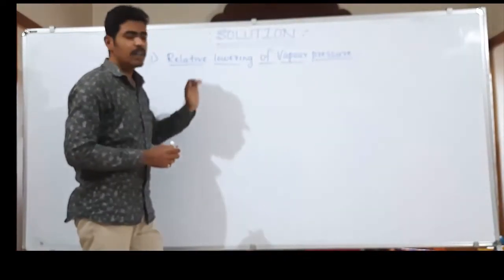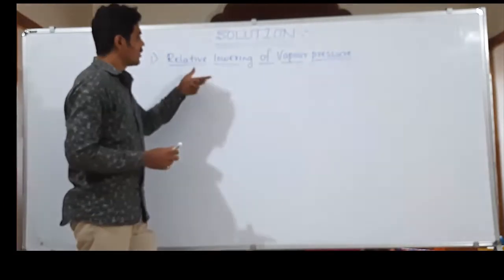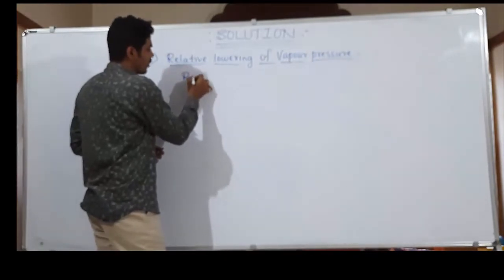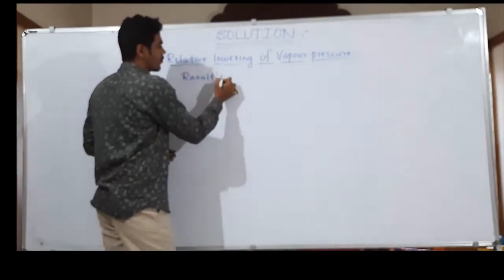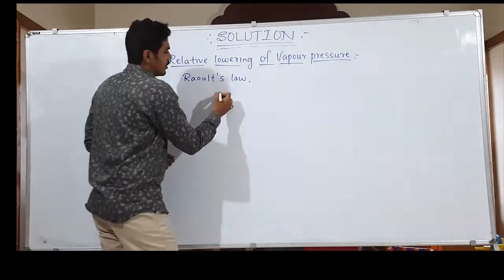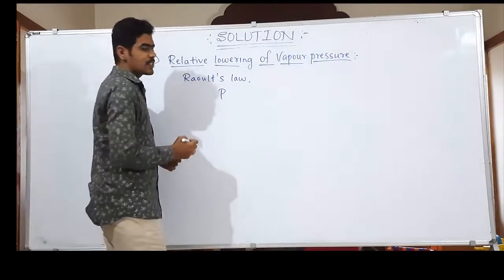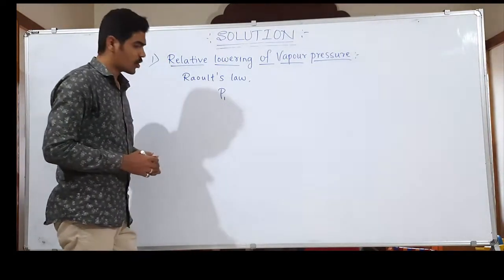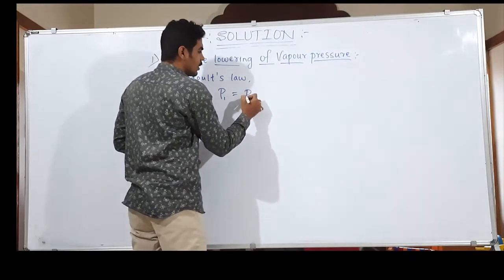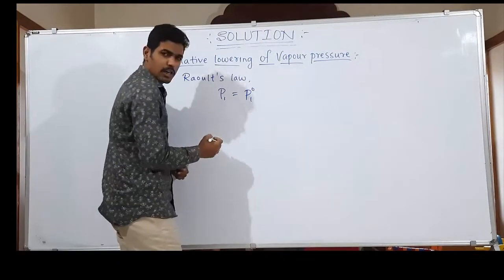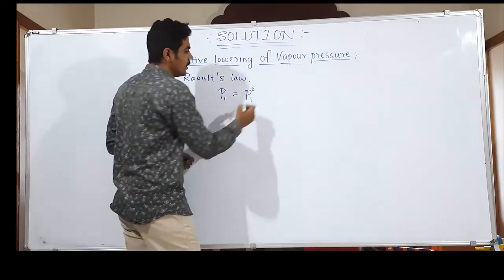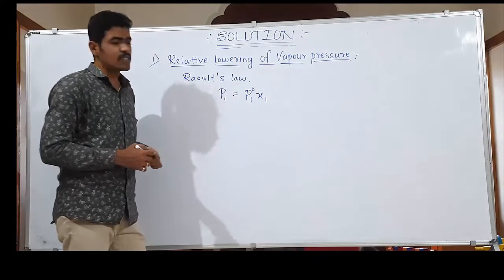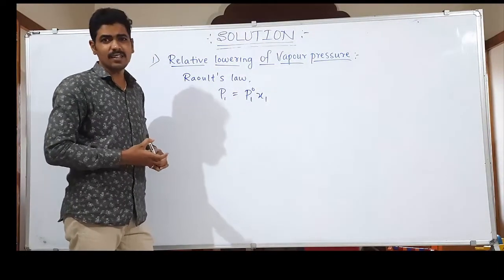That is given by relative lowering of vapor pressure. And for that we will derive an equation, and first we will consider Raoult's law. According to Raoult's law, the vapor pressure of a solvent, if I consider that one as P1, is equal to the vapor pressure of pure solvent, that is P1 naught, into X1, that is mole fraction of the solvent present in the solution.